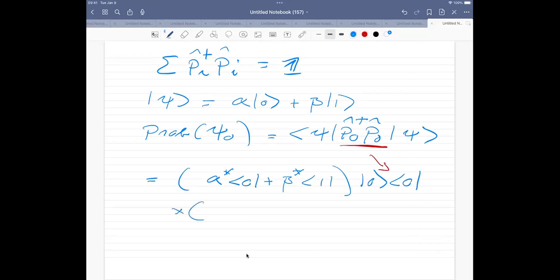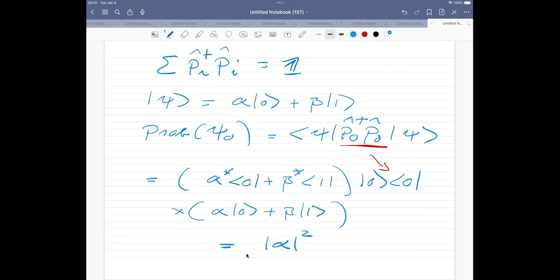And this is then multiplied with alpha times 0 plus beta times 1. And 0 projects out just 0, because if this one acts on 1, that is 0, because it's an orthonormal basis. And what we are left with is simply alpha squared, as it should be. So the result of such a measurement is actually given by that specific state.